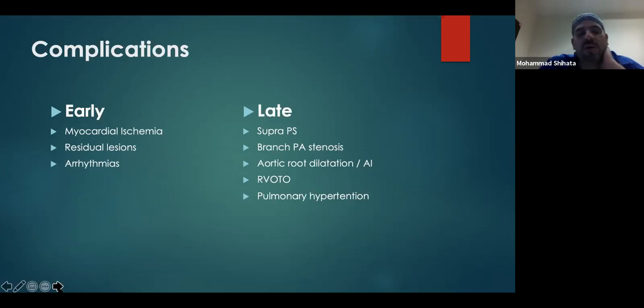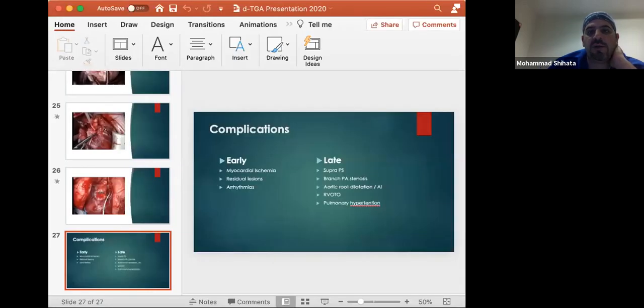RVOT obstruction, especially with anomalies, they're prone to develop that. And pulmonary hypertension, like you said, in delayed cases is definitely a potential late complication. I think this concludes my presentation. I hope I managed to cover most of the relevant subjects pertaining to arterial switch operation for simple d-TGA, or d-TGA with no associated problems, which was the goal of this talk.